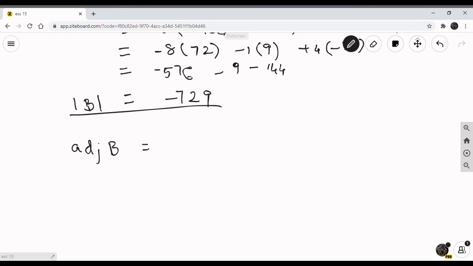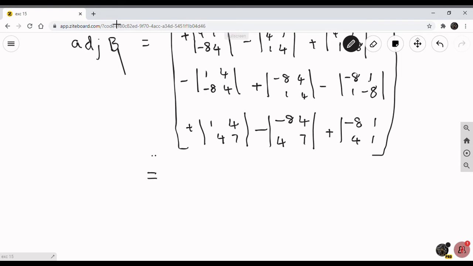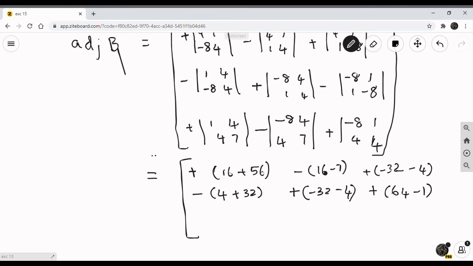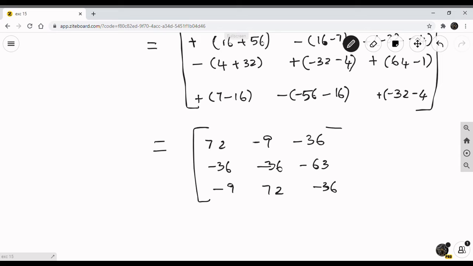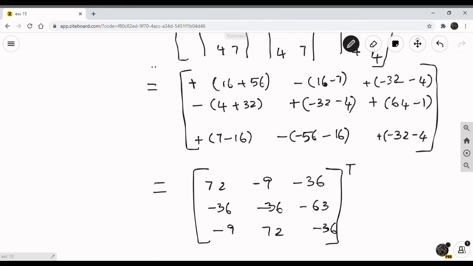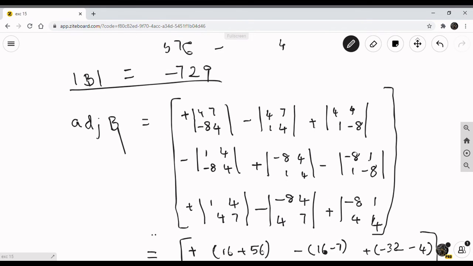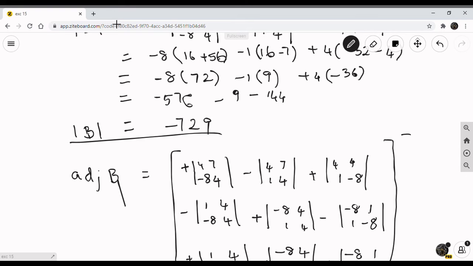So we will see the cofactor matrix of B. So the transpose of this; mention that wherever you write the transpose of the cofactor matrix.